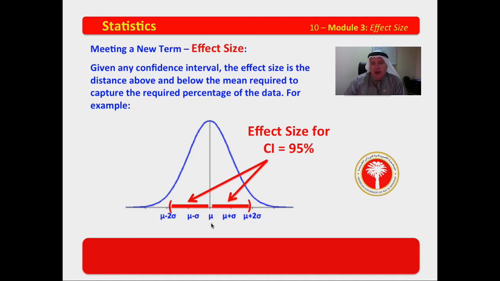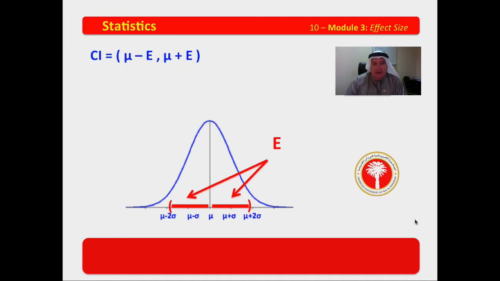So you see that the confidence interval is described by mu plus the effect size and by mu minus the effect size. The plus the effect size gives us the upper bounds, minus the effect size gives us the lower bounds. Now, effect size is often denoted by E. E is the effect size.